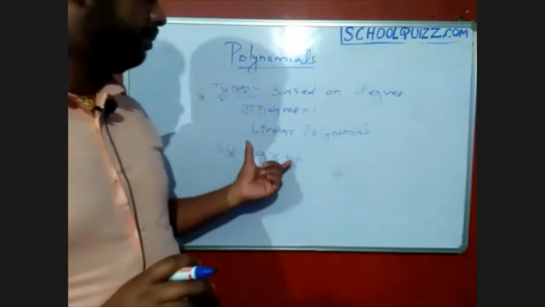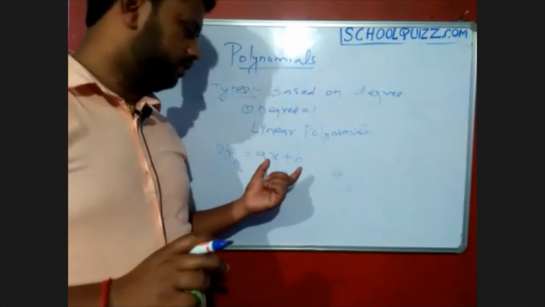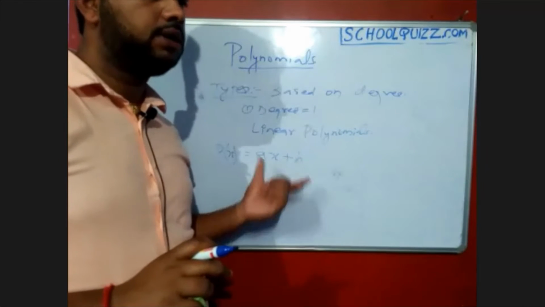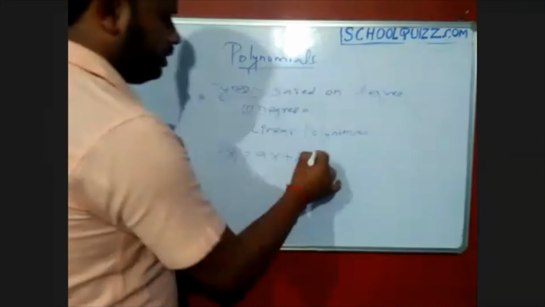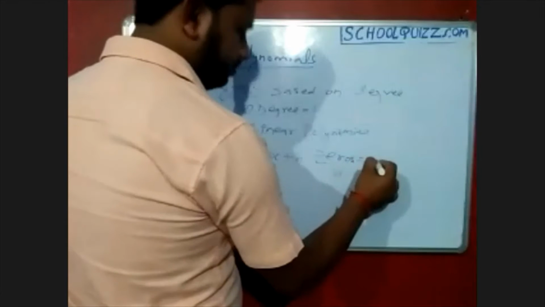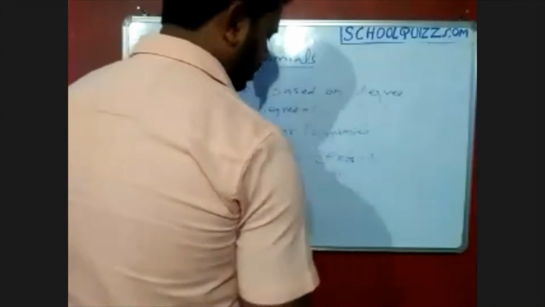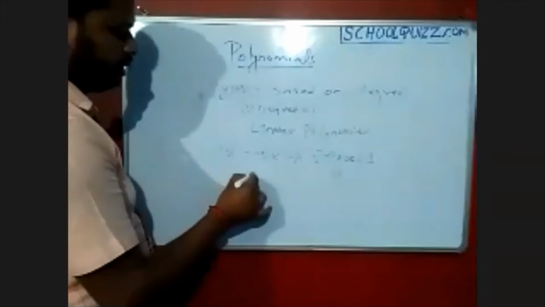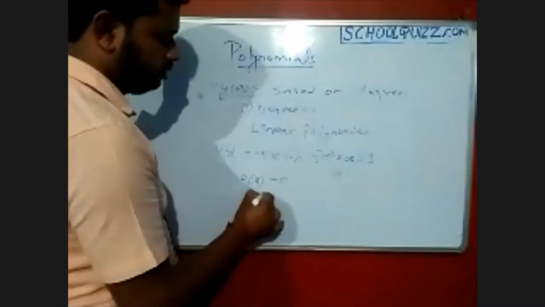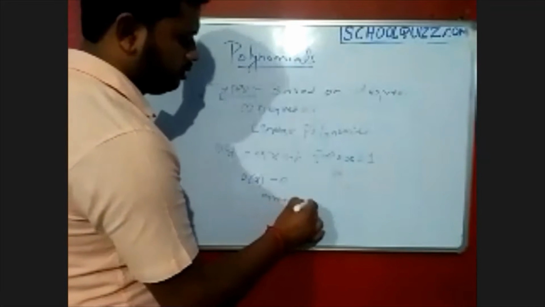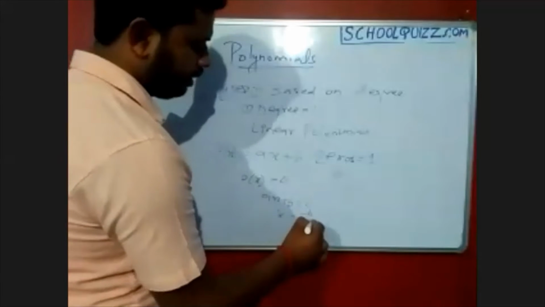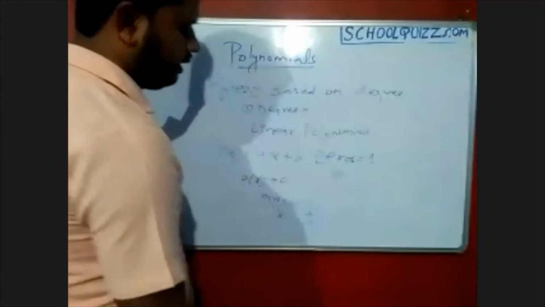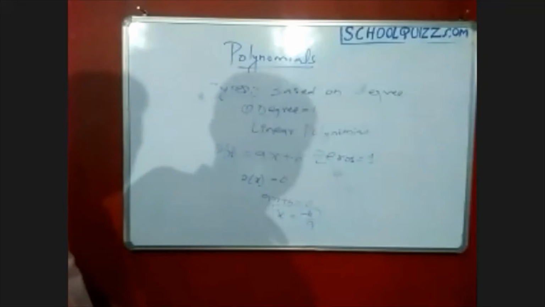Here also, a linear polynomial gives one solution, which is called the root, or in polynomials, the zero. So how many zeros can we get? 1. To get the zero, just equate p of x equals 0. So ax plus b equals 0 means x equals minus b by a. This is how we find the zeros of linear polynomials.